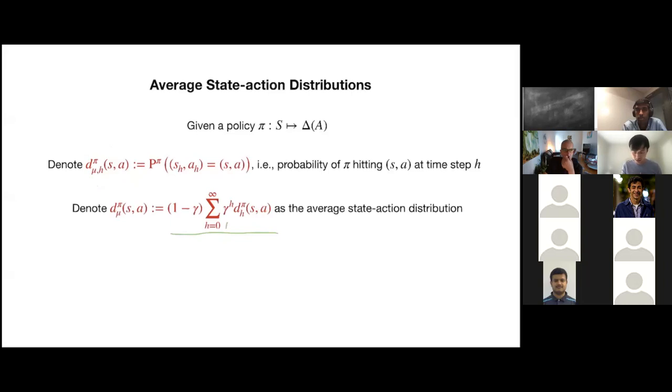In other words, for the time step h distribution, we discount it by gamma to the power of h. And you can show this is still a valid distribution, and this is for normalization purposes. Because of this normalization factor, now this distribution is a valid distribution. In other words, if you sum over all s, a, this is equal to 1.